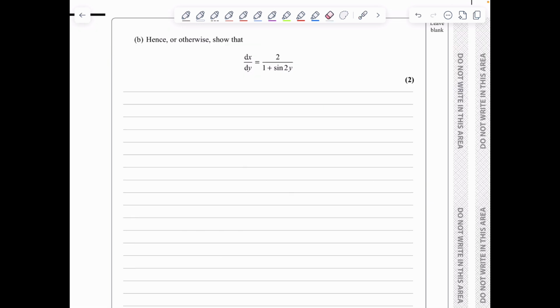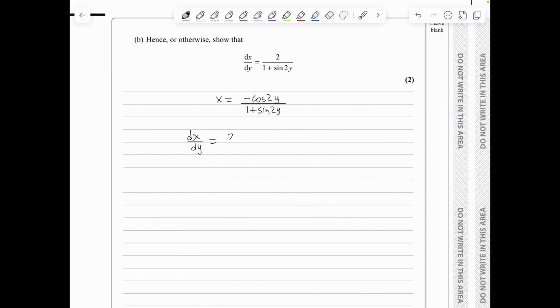In part B, we need to show that dx/dy is 2 over 1 plus sine 2y. So starting with the expression we arrived at in part A, we will apply the quotient rule of differentiation. So dx/dy, the derivative of cos is negative sine, and I also need to multiply by the derivative of 2y, which is 2.